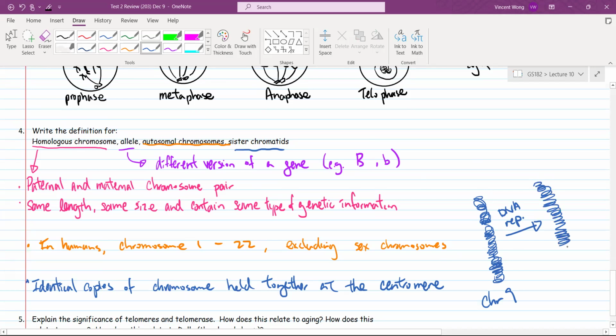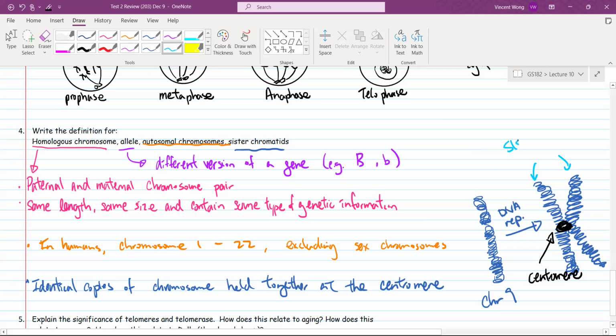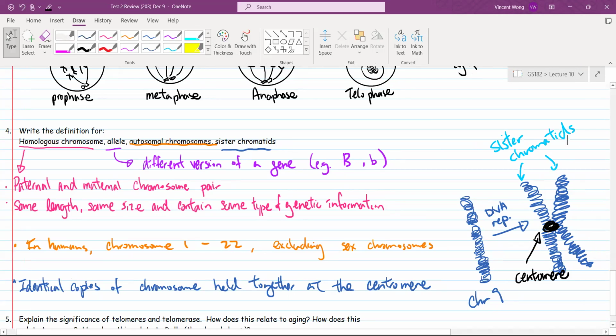Then afterwards, you're gonna have 2 exact copies. Okay, it's gonna be stuck together at the centromere, and each copy would be a sister chromatid. Okay, I'm gonna pause for a moment and let you catch up and ask questions if you have any.